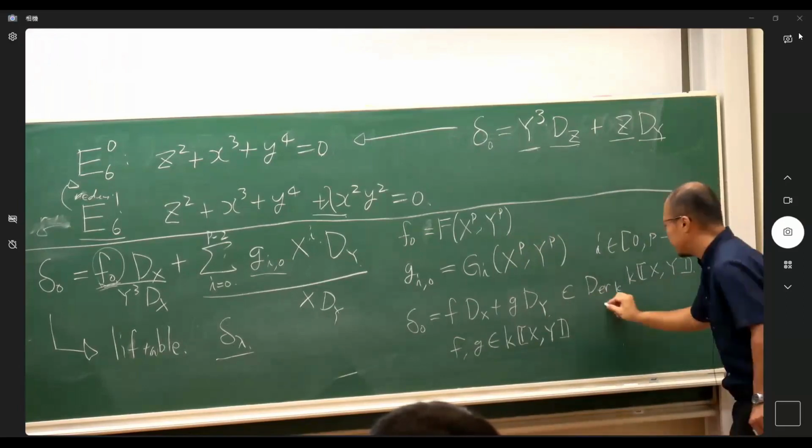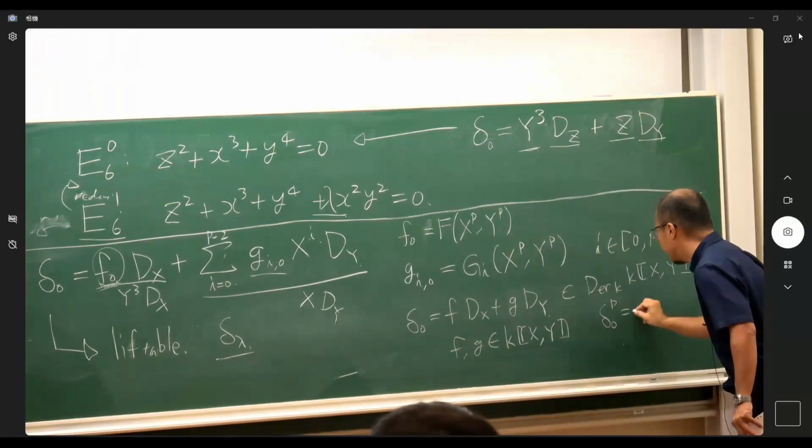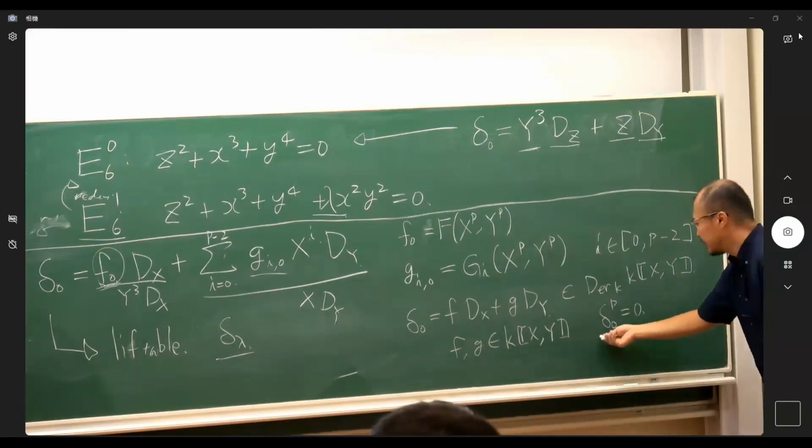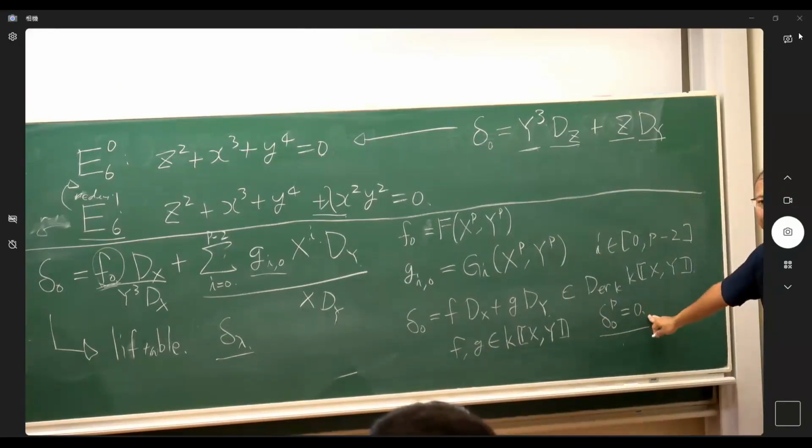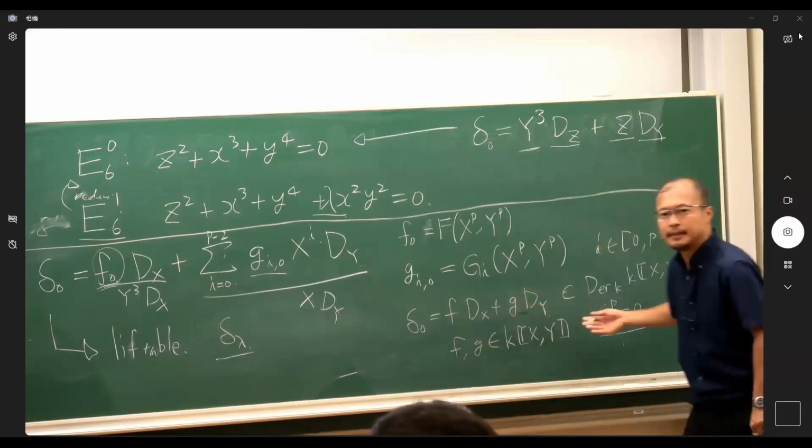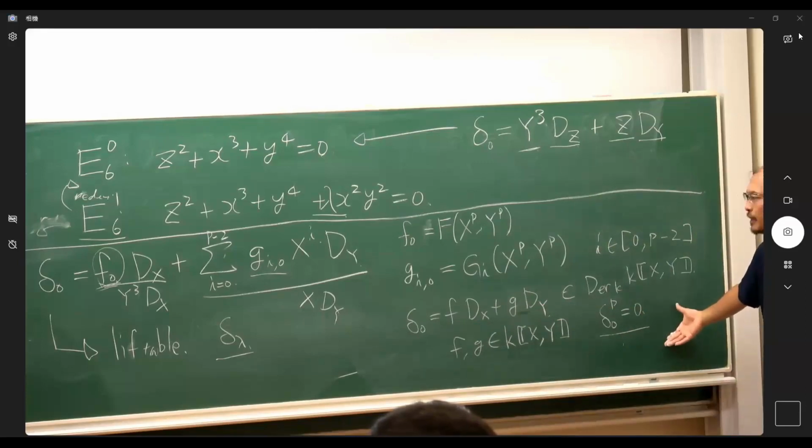The delta zero should satisfy additivity. We start with an alpha p action, so we put this condition. Then the question is, is there any lift? So for any delta zero of this kind, is it liftable or not? And I do not know the answer.